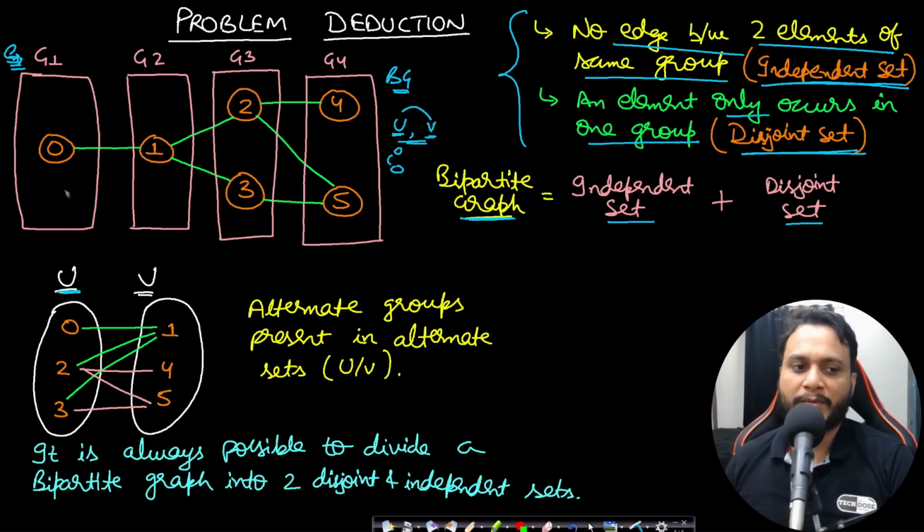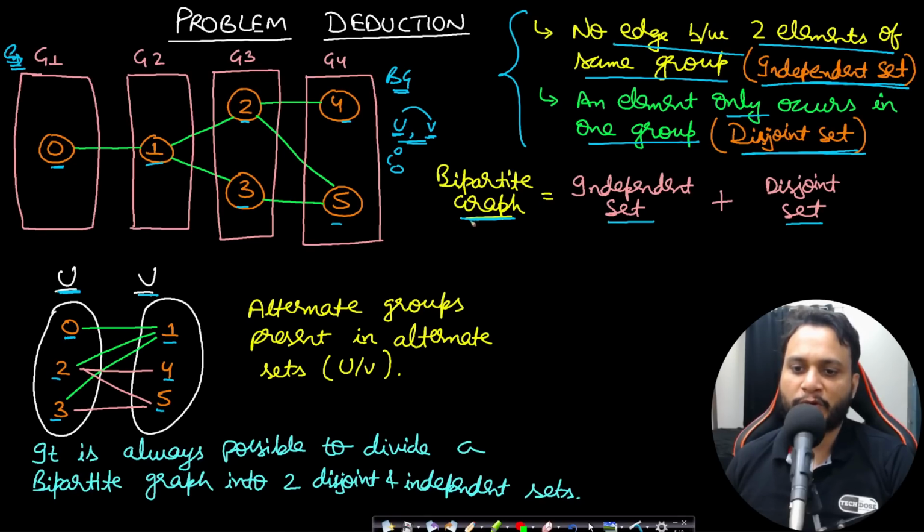So in this case, I can put this 0 in, let's say, group U, 1 in group V, 2, 3 in group U again, and 4, 5 in group V. And you will see that all the edges occur between 2 nodes, one in U and another in V, and there will be no 2 nodes in the same group where you have an edge. Okay, so that is why this is a disjoint and independent set.